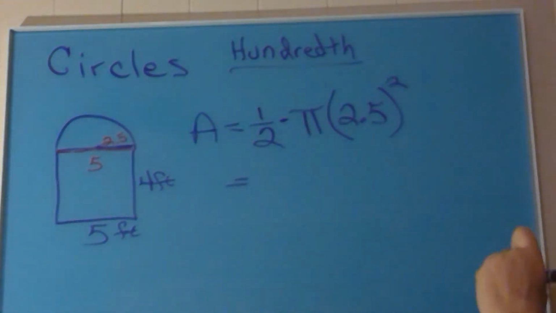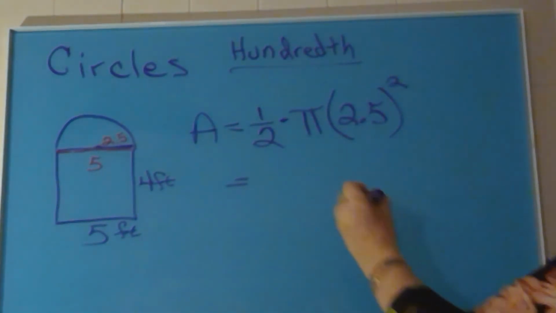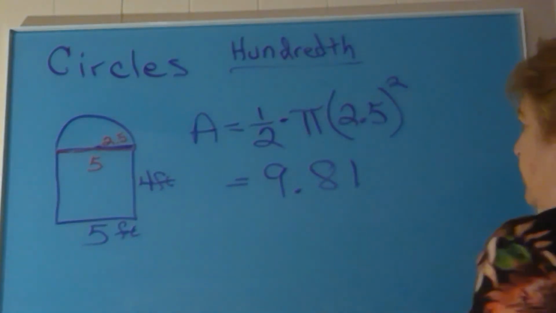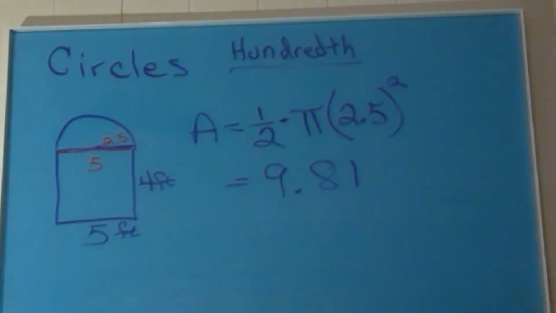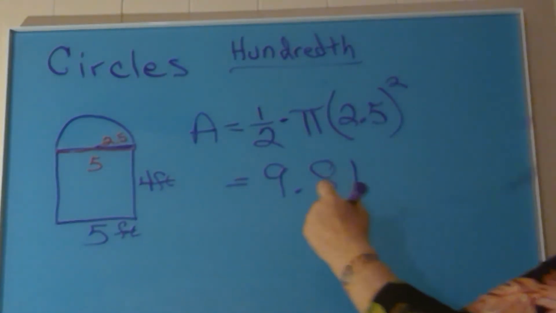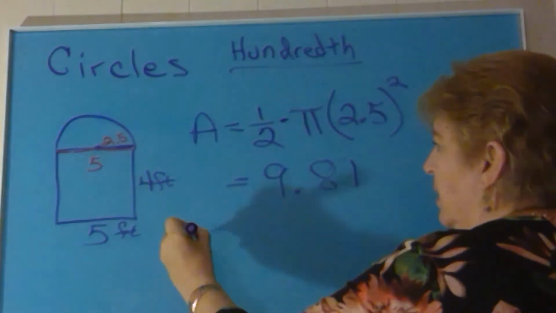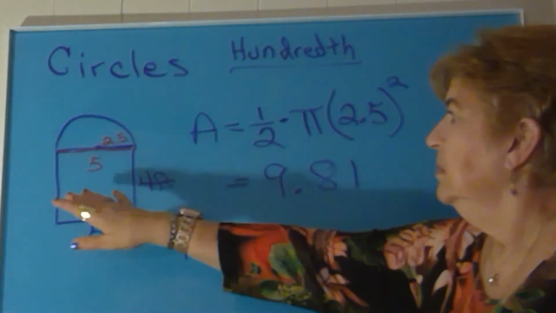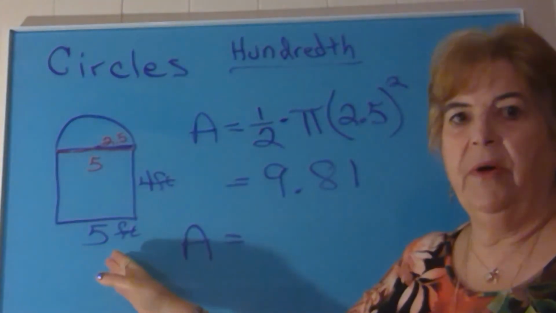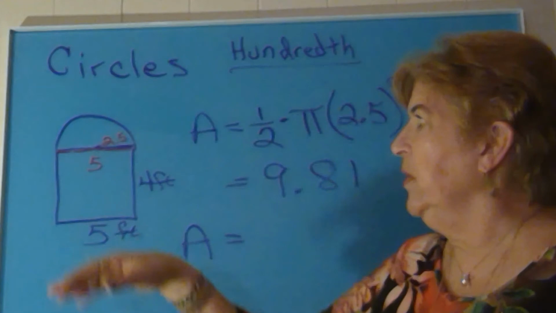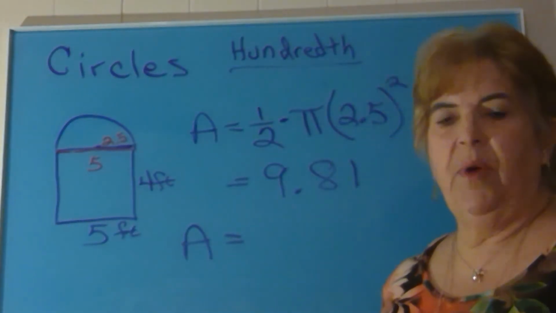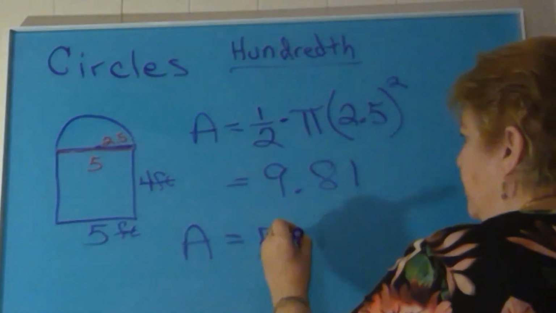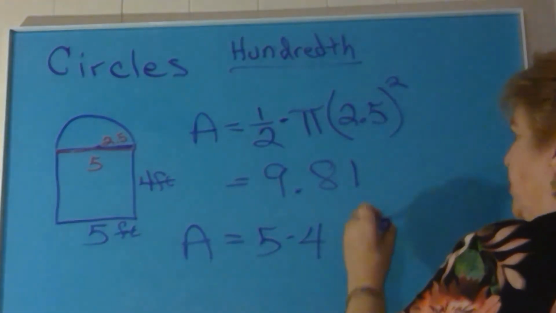If we put that in our calculator, we should get 9.81. And then we need to find the area of the rectangle. Now, unlike when we were finding the perimeter, we're still finding the area of the entire rectangle. So we multiply 5 times 4, which is 20.